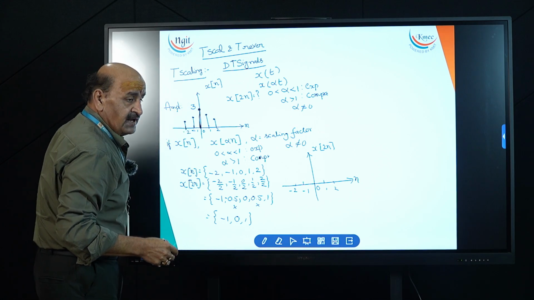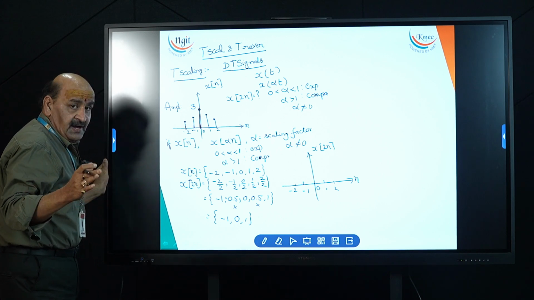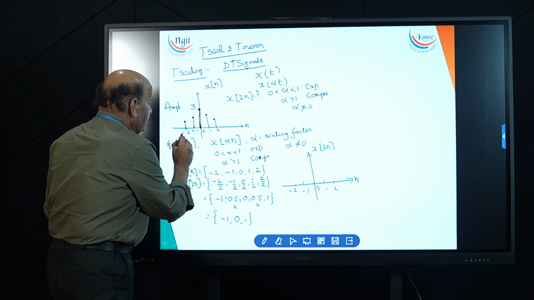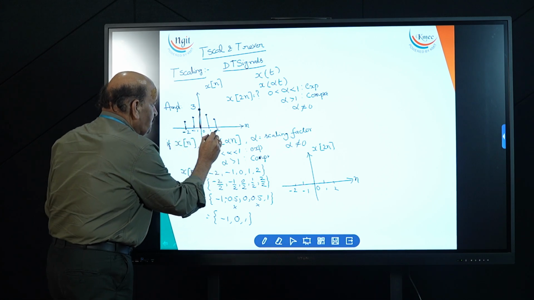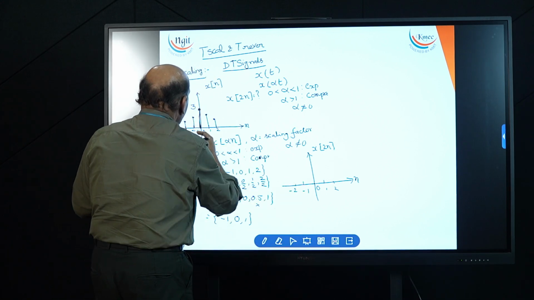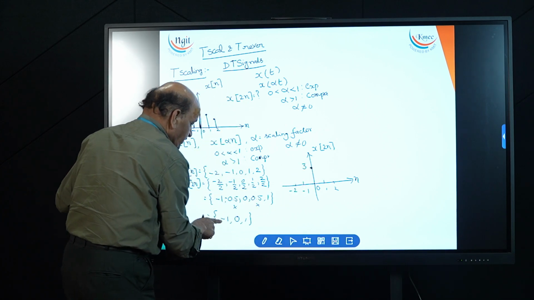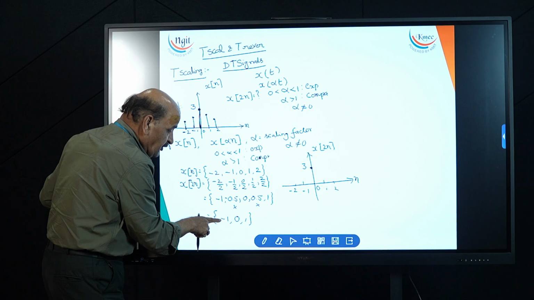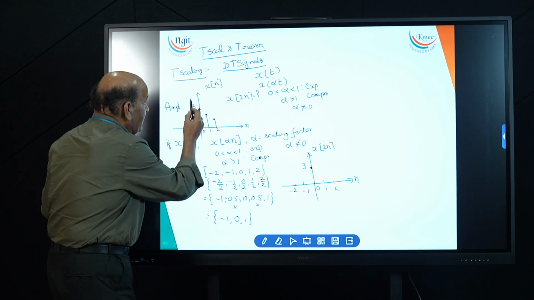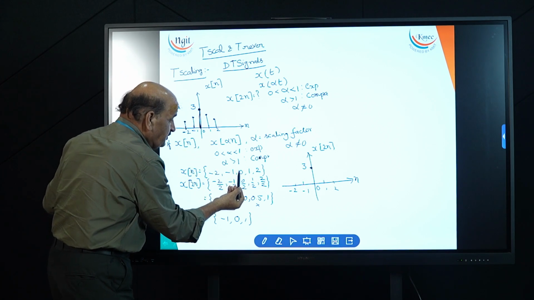The amplitude is equal to 3. Here, in compression, look at the width. In the previous case, the width is from minus 2 to 2. But here it is minus 1 to 1, with amplitude 3. So the integers required are minus 1, 0, 1, only 3. The given actual signal width contains 5 integers: 1, 2, 3, 4, 5.